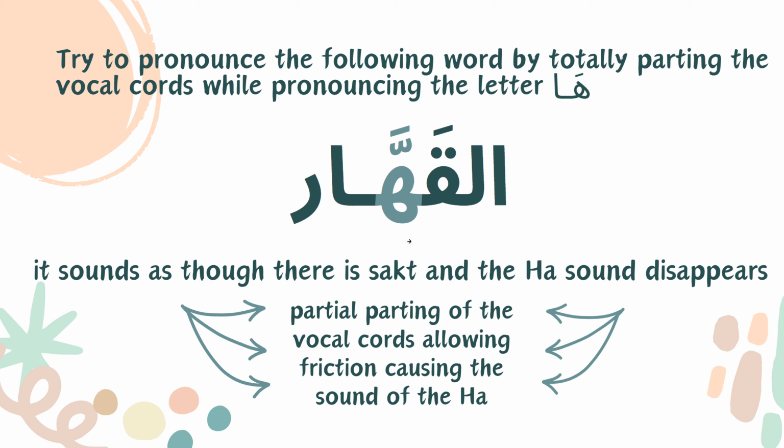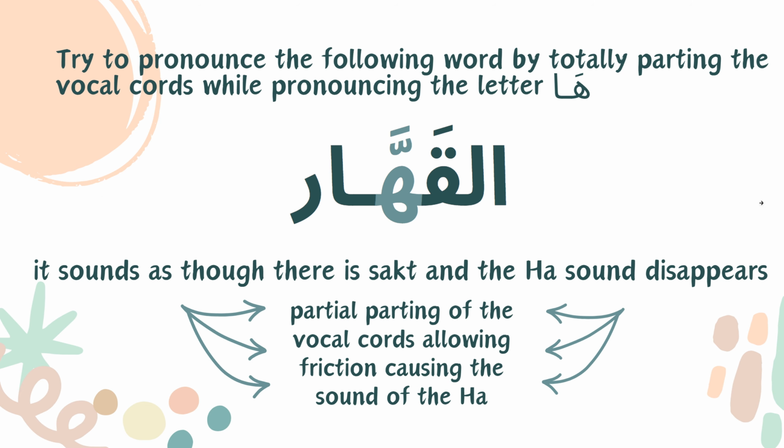First of all, there's no friction for the ha, and also there's no air to continue reading. And it causes a sect because the ha sound disappears. So partial parting of the vocal cords allows friction causing the sound of the ha, but extra parting makes the sound vanish. Okay, it just totally disappears.